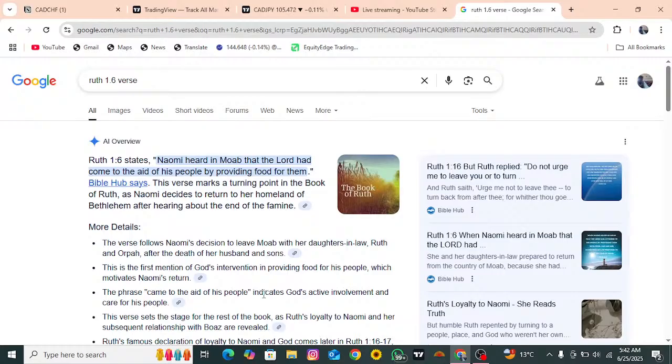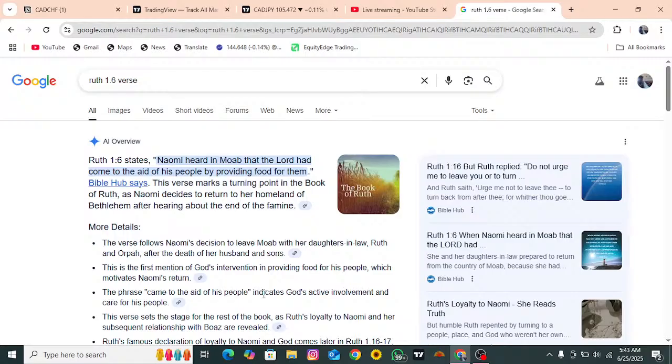When she went to Moab, she was with her husband, Elimelech, and her two sons. What happened? She lost the husband and the two sons in Moab. A lot of things happened in Moab. God was so silent in Moab.